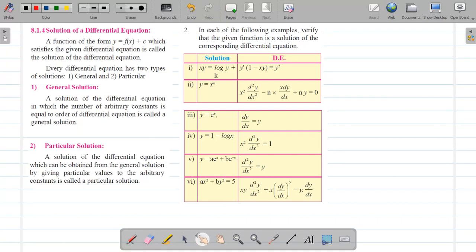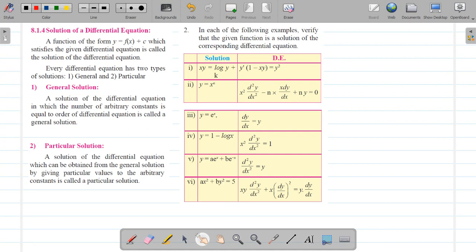And what we have to check here is that the given function is a solution of this differential equation or not. We have to show that the function in column number 1 is the solution of the differential equation in column number 2.